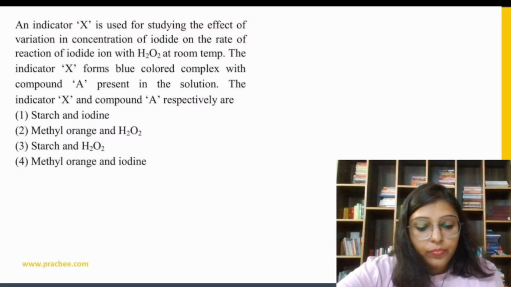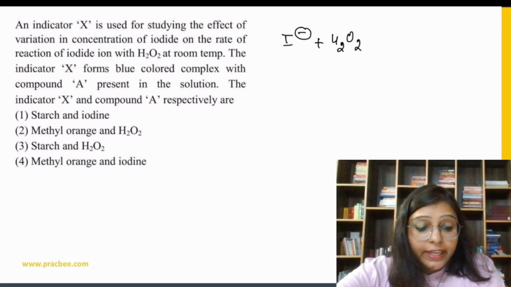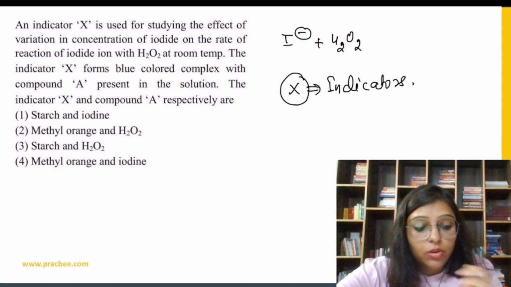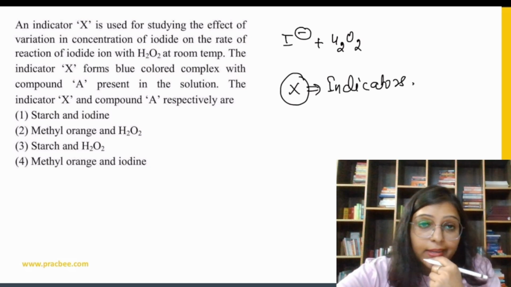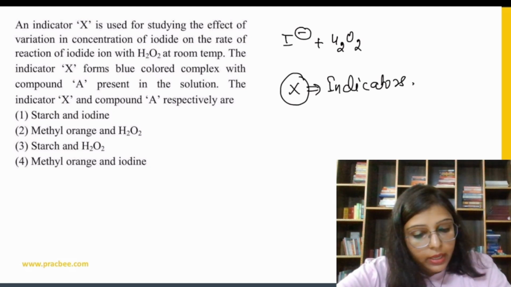Let's do the next question. An indicator X is used for studying the effect of variation in concentration of iodide ion on the reaction of iodide ion with H2O2. The indicator X forms a blue colored complex with compound A. In compound A, we have the I minus.